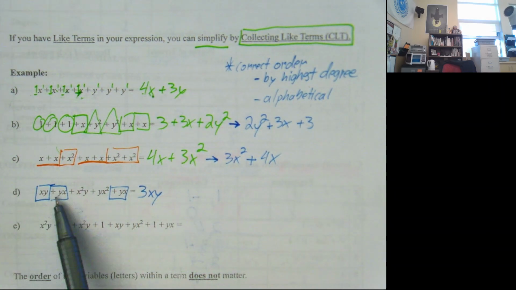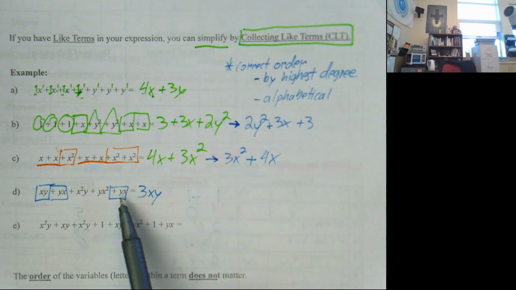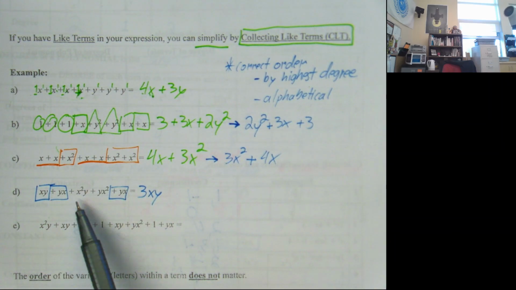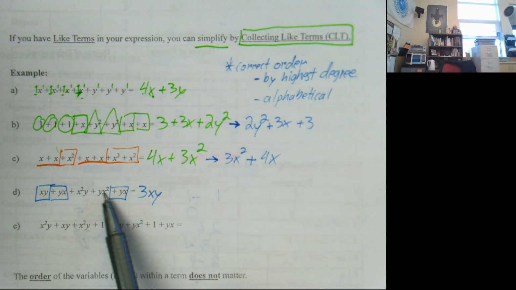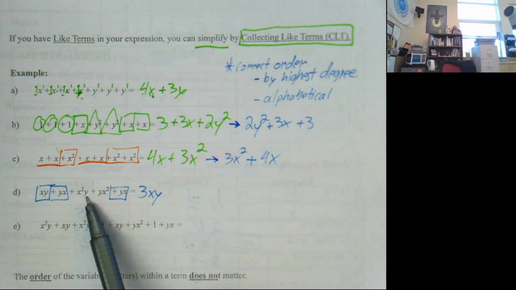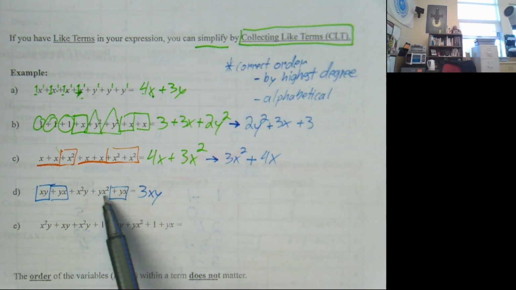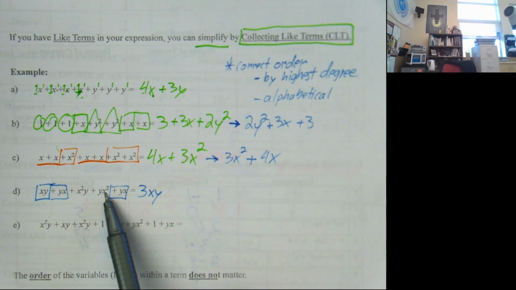So we've grouped these 3 together. Are there any other sets of like terms? Dakota says yes. Dakota, what are they? X squared. Yeah, so this x has a squared, and this y is just a 1. This one has a y to the 1 and an x squared. You betcha.